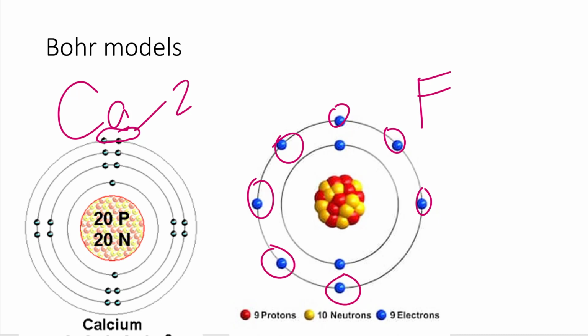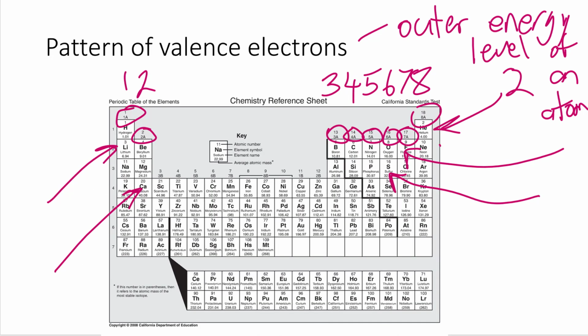As you notice, 8 is a special number. 8 is called the octet, and we'll talk about that when we talk about drawing two-dimensional structures called Lewis structures. Atoms are trying to get to 8. Why is 8 so special? Because 8 is the number of valence electrons that noble gases have.